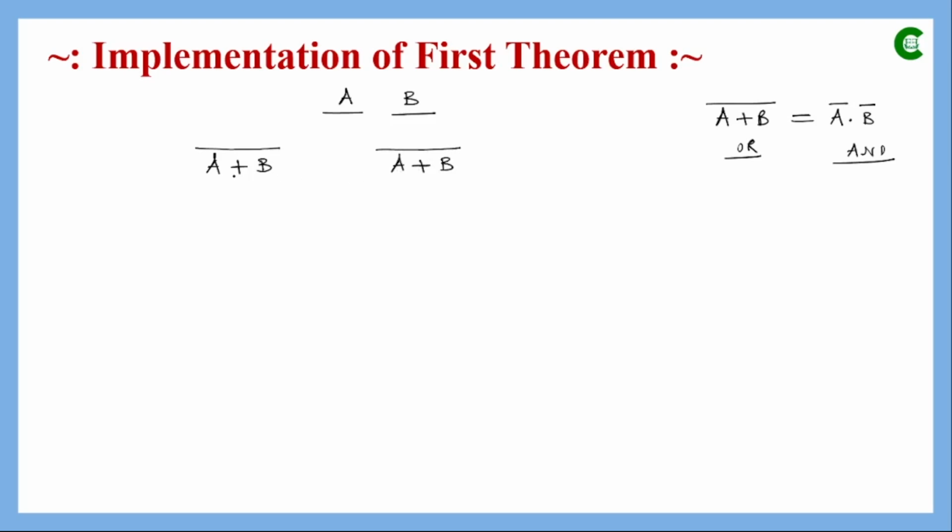Then, with the output of this NOR operation, I perform another NOR operation with the variable A. One Boolean variable is A, the other is the output of the first NOR operation, and between those two I again perform a NOR operation: first OR and then NOT on the whole operation.